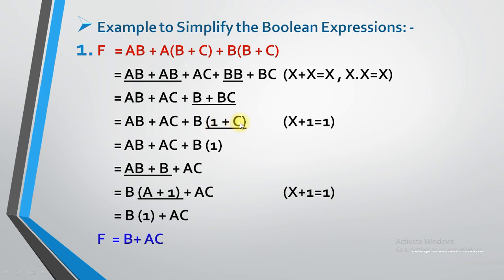So 1 plus c I got. Now see, 1 plus c means what? x plus 1 equals 1. This is the postulate, right? So any variable name plus 1, instead of that you can write the value 1. So I replace 1 plus c by 1 based on this postulate.